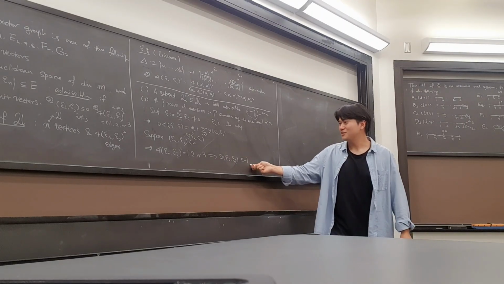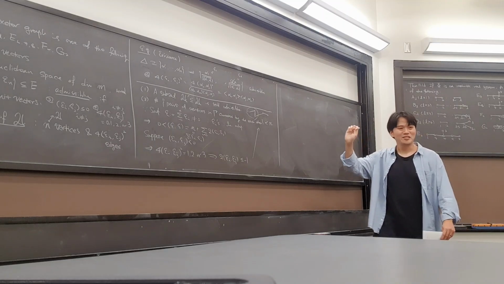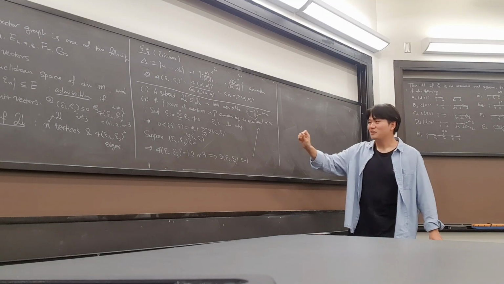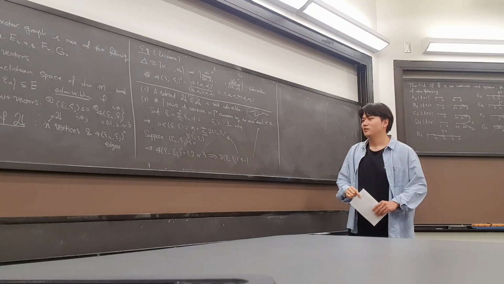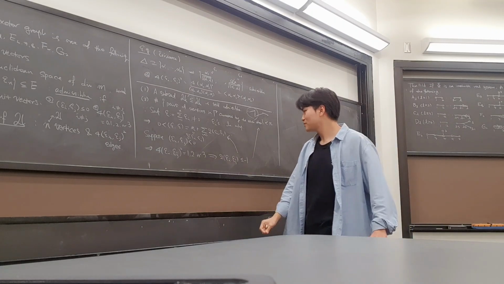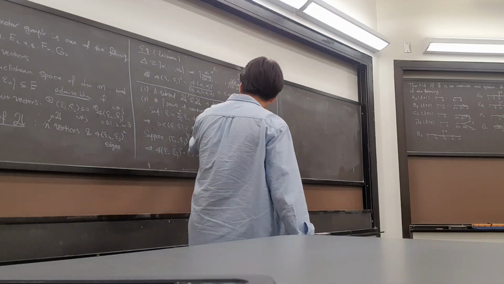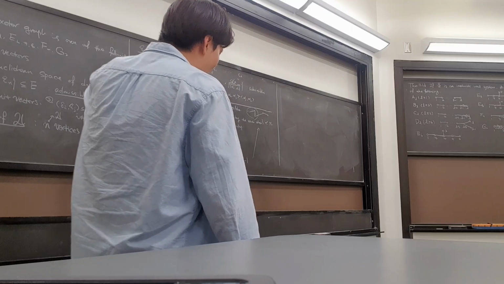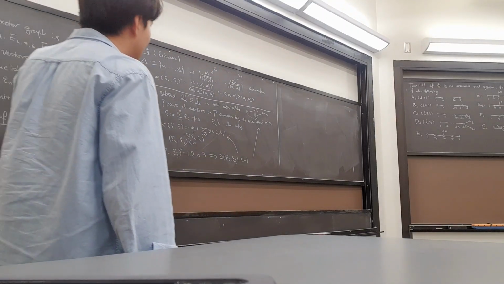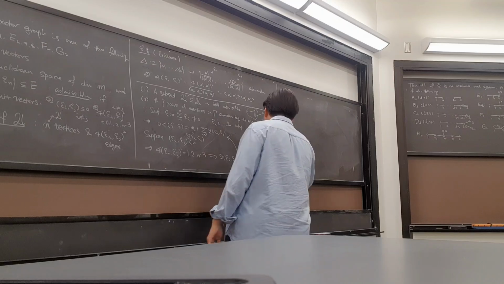So this implies the condition, because if you put in negative 1, the number of nonzero pairs should be less than or equal to n minus 1. That implies this statement, right?